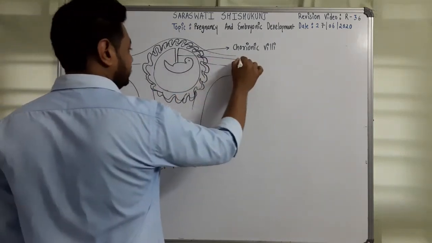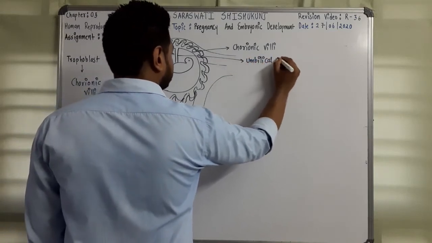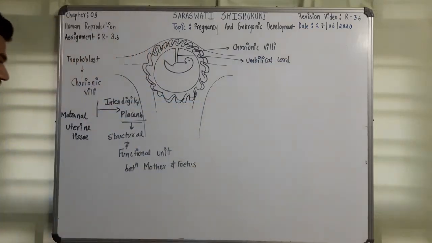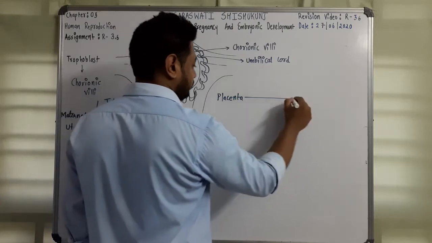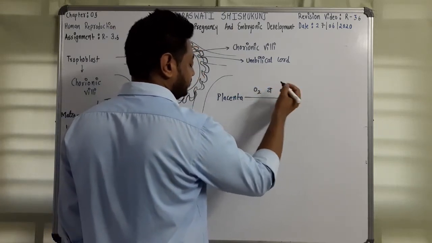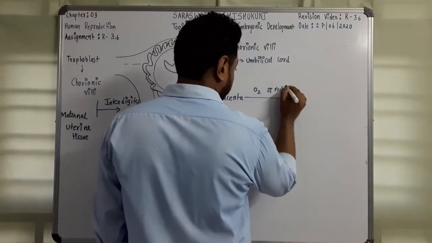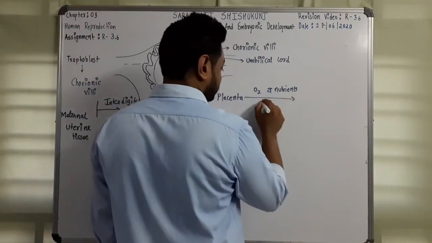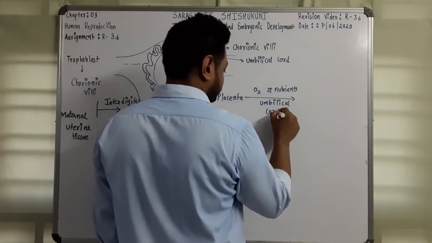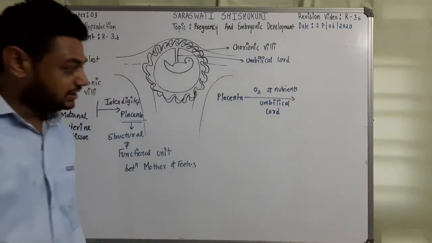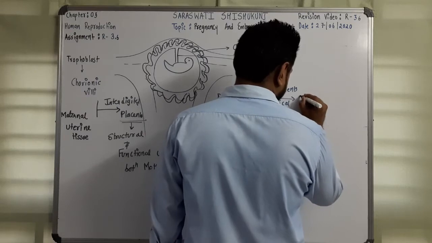So when we say this is the umbilical cord, what happens? The placenta transports oxygen and nutrients via the umbilical cord to the embryo or fetus.